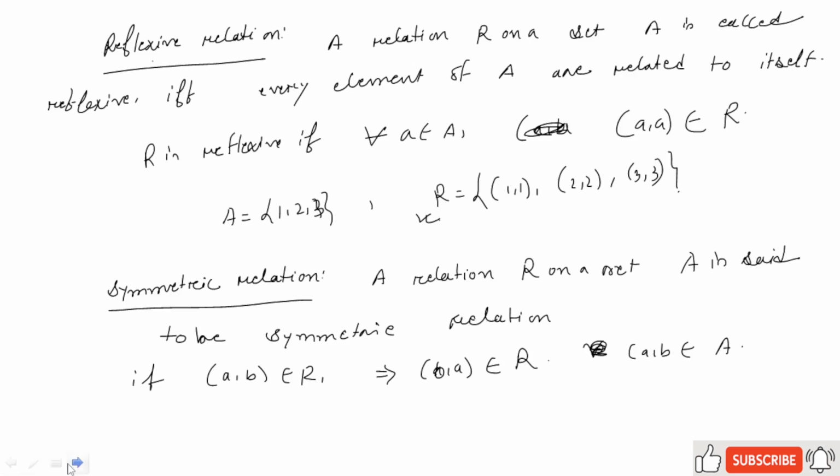Suppose A is equal to {2, 4, 7}, then a relation R is {(2,4), (4,2), (7,7)}. This is a symmetric relation because (2,4) exists, so (4,2) also exists, and (7,7) also exists. Here a reflexive relation also exists because of (7,7). That means you can say that a reflexive relation is also a symmetric relation.